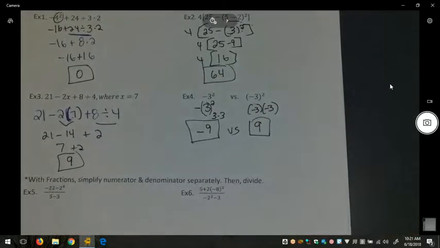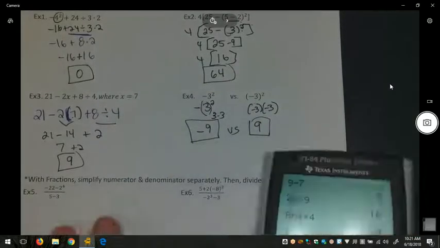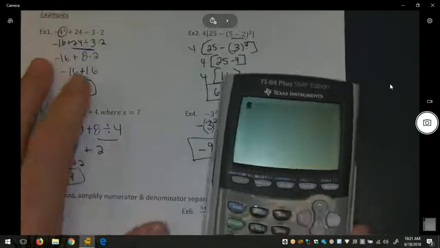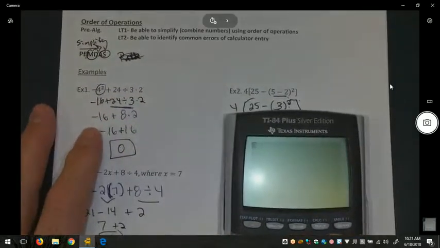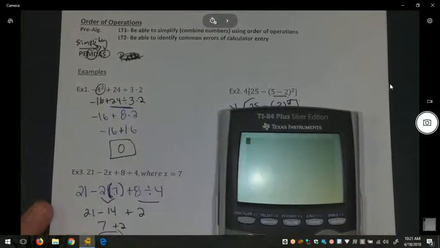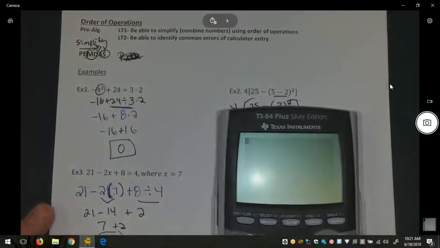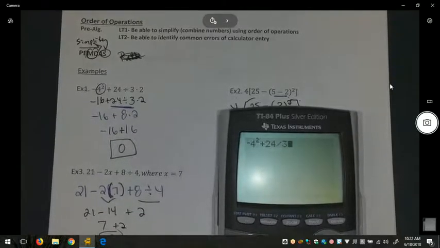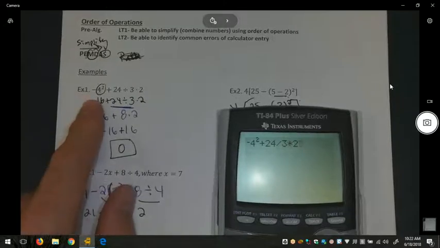Now, we also need to be able to check these in our calculator. When I go back to example 1, either with a graphing calculator, which you'll use a lot in high school, TI-84 is what we recommend, or if you have a regular scientific calculator, it should be able to do order of operations. You can check your answers by plugging it in exactly as you see.